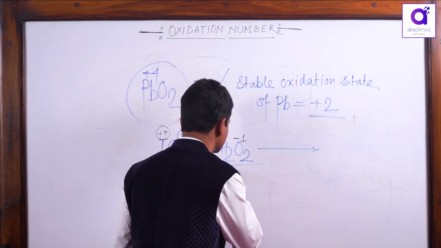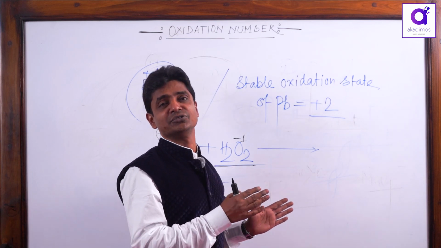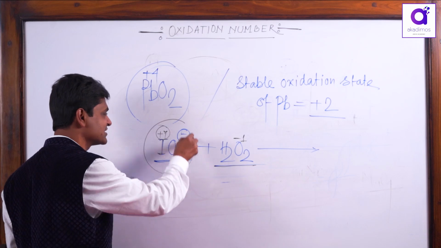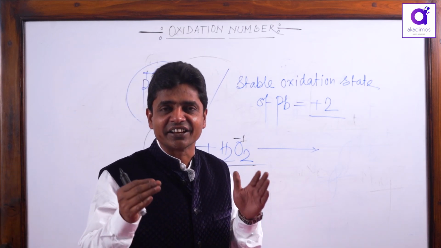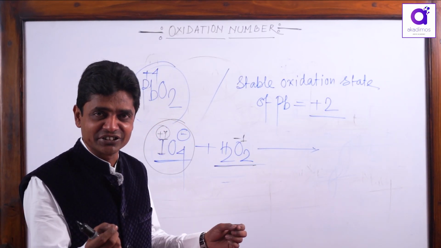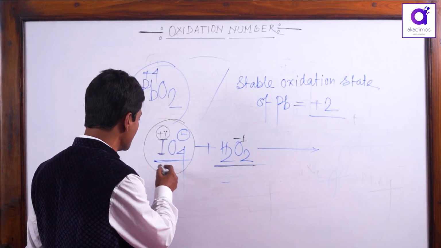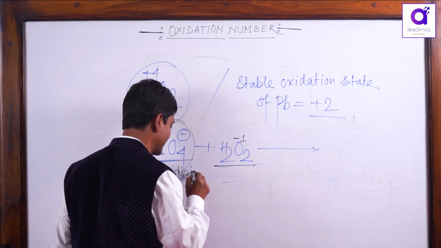That means H2O2 can act as an oxidizing agent as well as a reducing agent. It has dual character. But IO4 minus, since iodine is in its highest oxidation state, can only act as an oxidizing agent. That means with the knowledge of oxidation number, you can predict IO4 minus is always an oxidizing agent. Always.